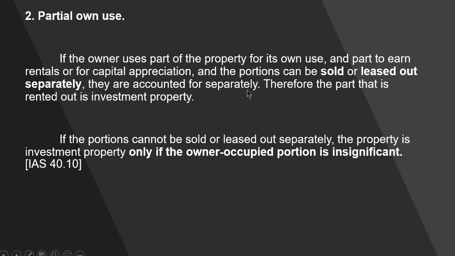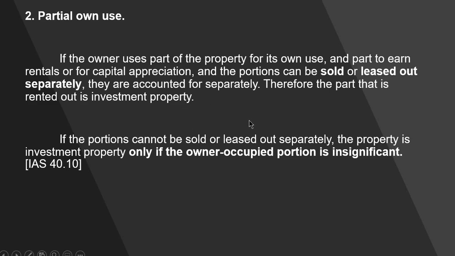Or what if a property, a portion of which is used for its own use, for manufacturing or supply of goods or services or for administrative purposes. Then the other portion is used for rental to others or for capital appreciation.